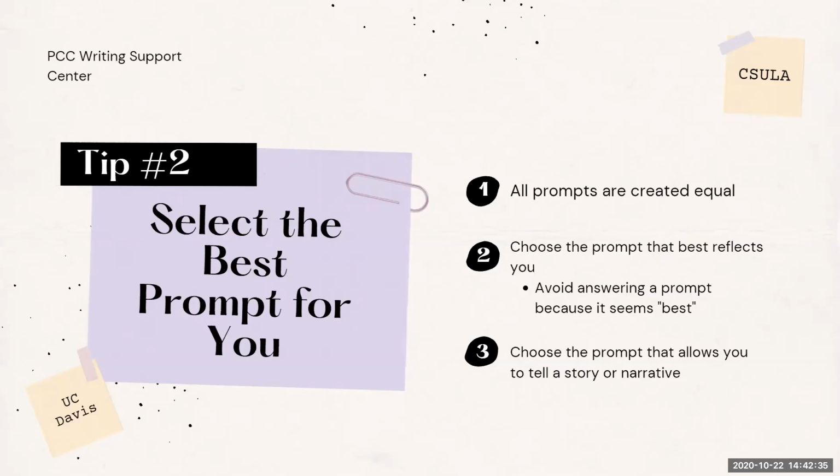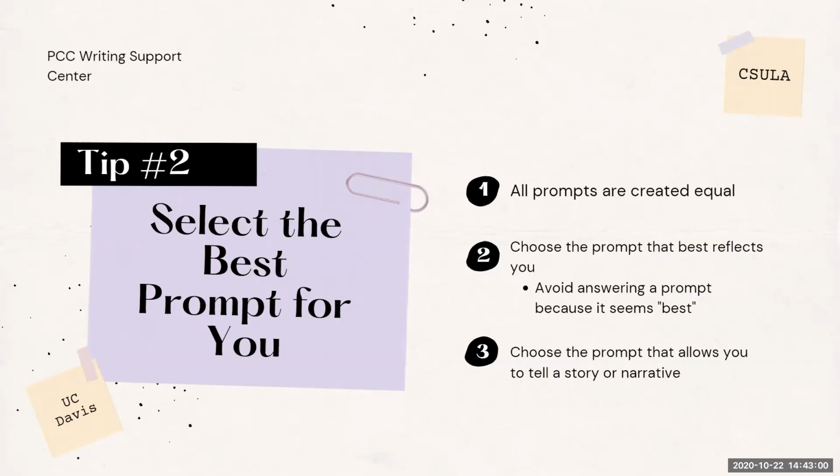And instead, you would choose to write about a prompt that is asking you to talk about your creativity and how you've been creative. In that prompt, you can still talk about how you're a leader coming up with creative solutions, but it just allows you to take a different approach. And it really just allows you to shine more light on who you are.